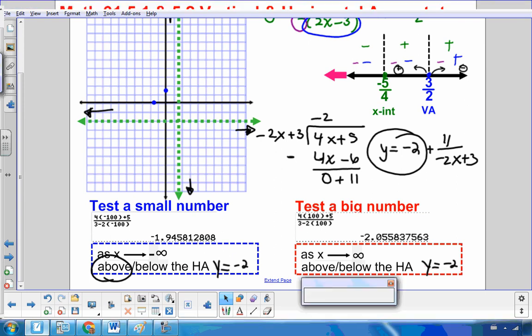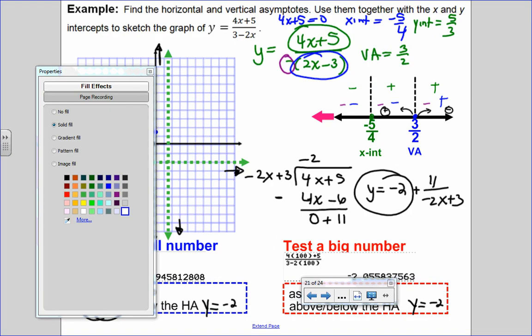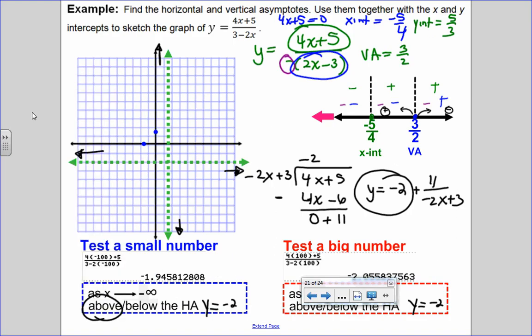Okay, so now I want to put this all together and connect the important parts to figure out what the graph actually looks like. Piecing everything together, I can see that these two pieces have to be connected, so it's probably going to curve around like that. Again, it's just a sketch.